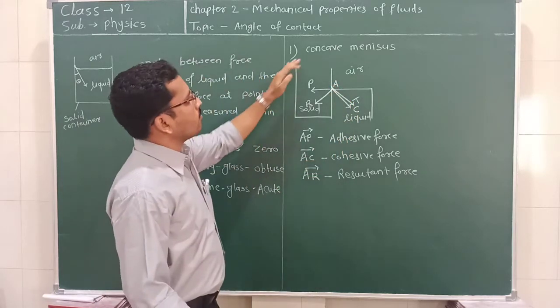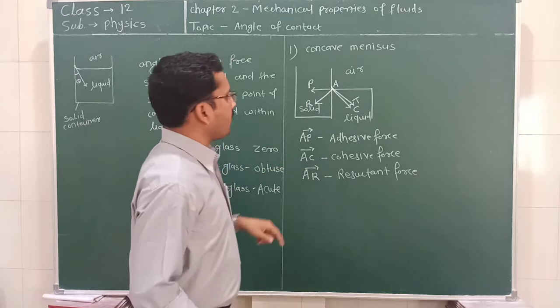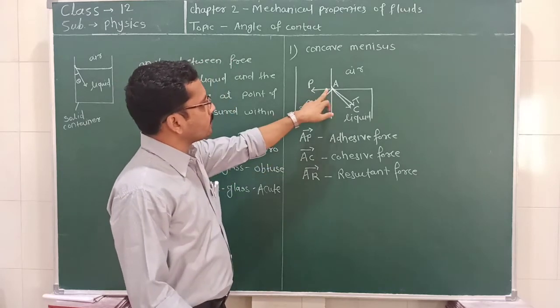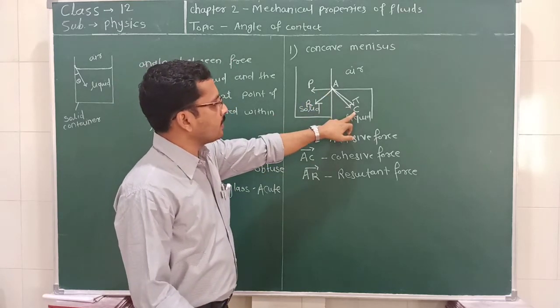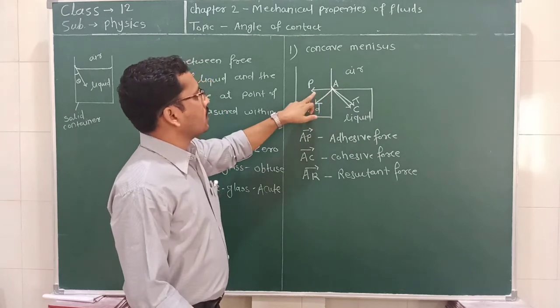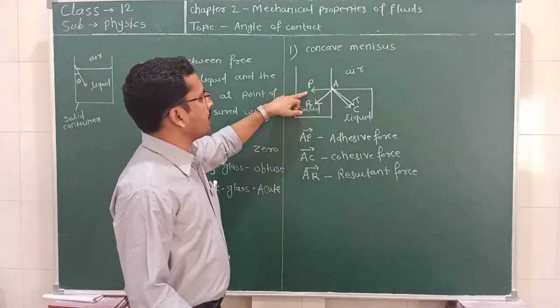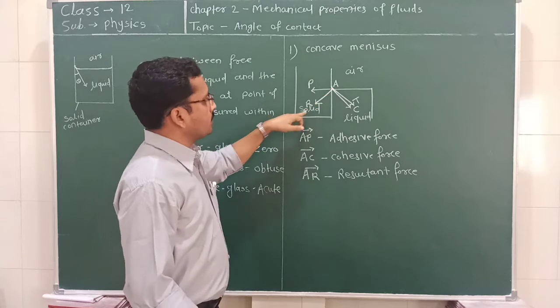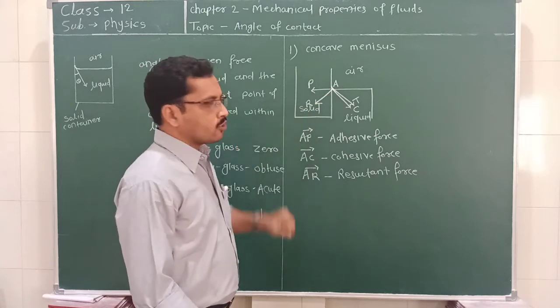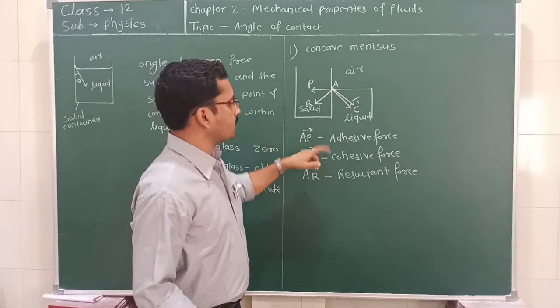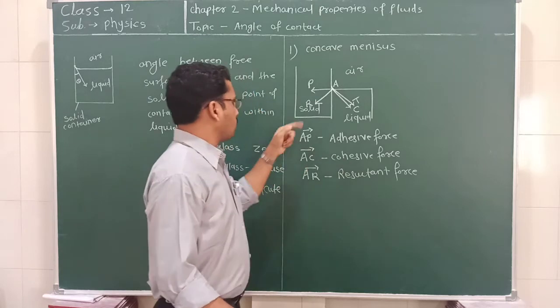So in the case of concave meniscus, what happens? A cohesive force acts on the surface within the liquid, an adhesive force acts inside the solid surface, and the resultant of the two forces lies inside the solid because the adhesive forces are more dominant than the cohesive forces.